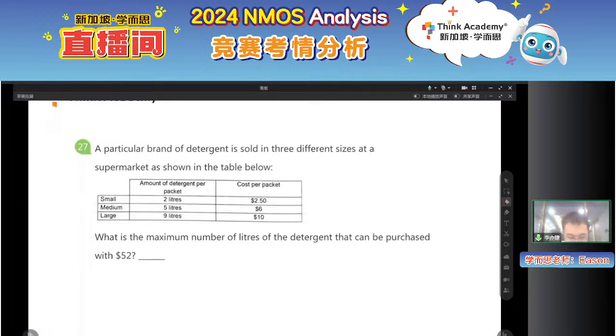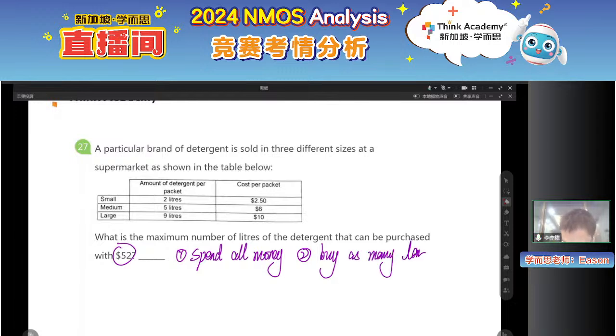But however, for this question here, it says that we have totally $52. So how do I spend this money? We should buy as many large as possible, but still we need to spend all the money. So there are 2 logic: to spend all money while buy as many large as possible.